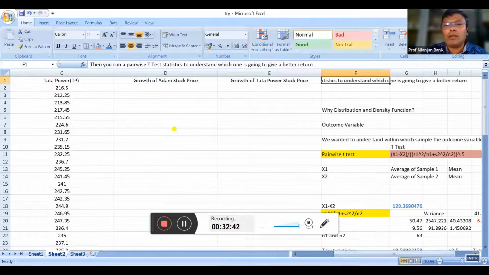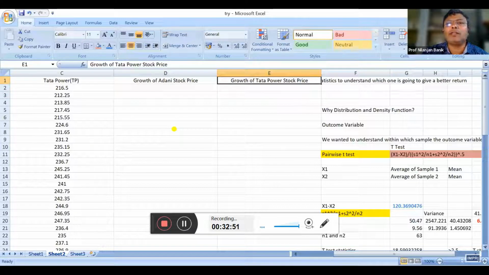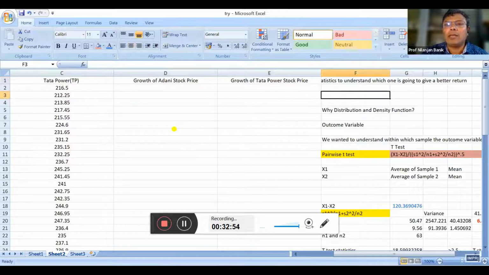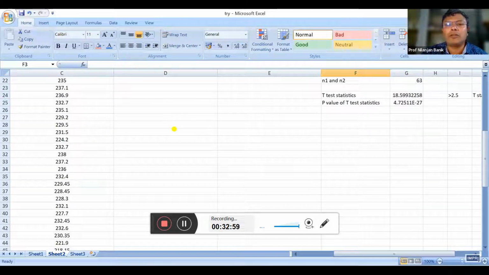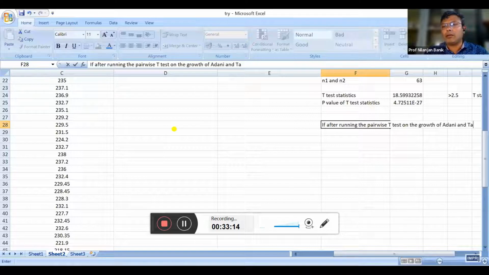So here is the question. If after running the growth of both Adani stock and Tata Power stock, I find that the t-test statistic is statistically significant, what does it imply? Let me write the question. If after running the pairwise t-test on the growth of Adani and Tata, we are getting a significant t.